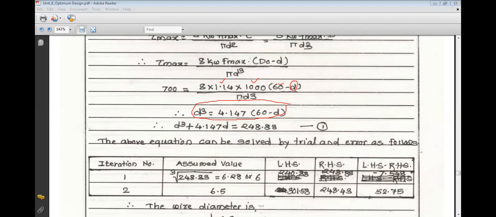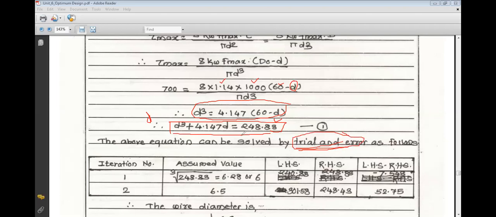Taking the d term to this side and 700 in the denominator, the constant becomes 4.147. Simplifying, the equation becomes d cube plus 4.147 d equals 248.83. In this equation, the LHS has the unknown diameter d and the RHS is known, so we cannot solve it directly. We have to use a trial and error method.